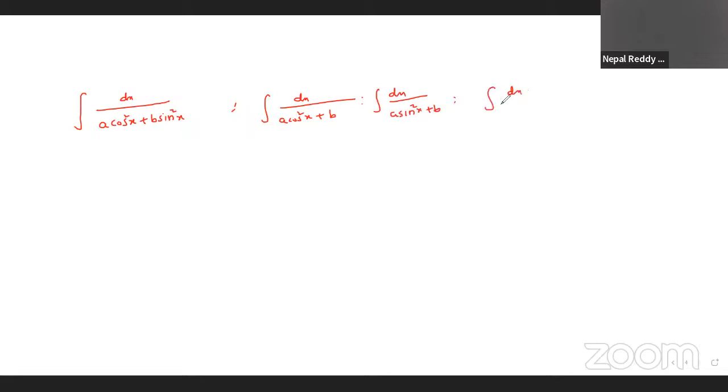Next, suppose that integrals are of the form integral dx by a cos square x plus b sin square x, or integral dx by a cos square x plus b, or integral dx by a sin square x plus b, or integral dx by a sin x cos x plus b sin square x plus c cos square x.